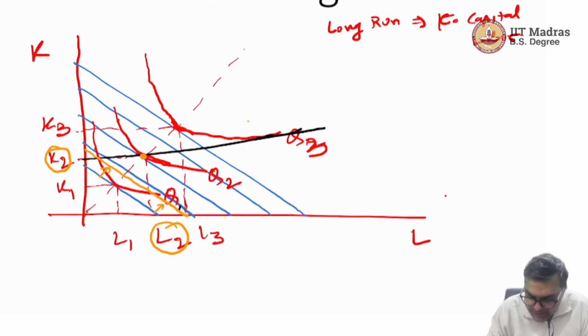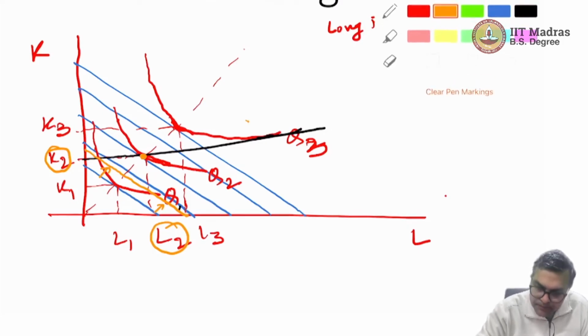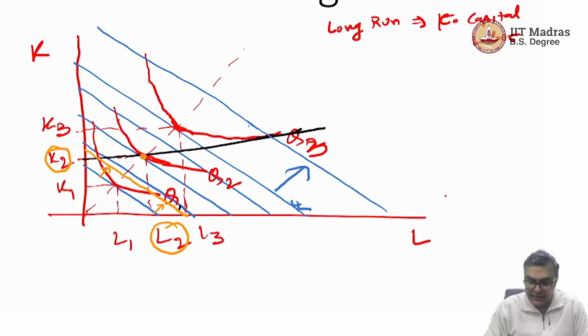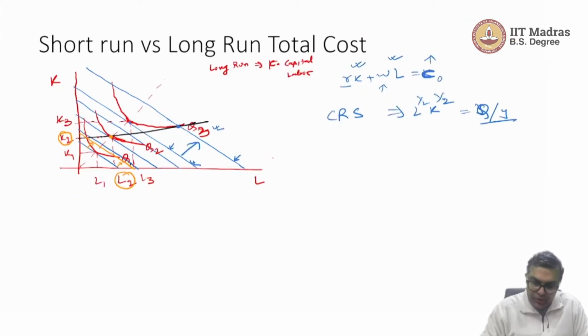What would be the case here? If we draw the iso-cost line, it will be something like this for Q3. This combination K3 and L3 is on this iso-cost line. But if you have fixed capital of K2 and you need to produce Q3, you need to come here, and the iso-cost line that you will be using is going to be higher. So what did we figure out?